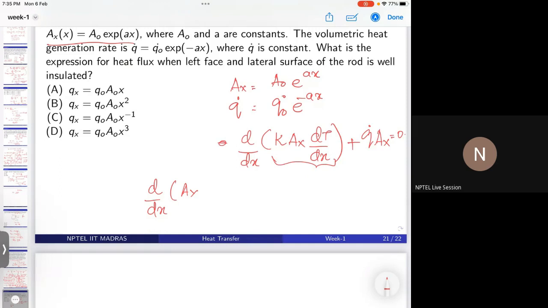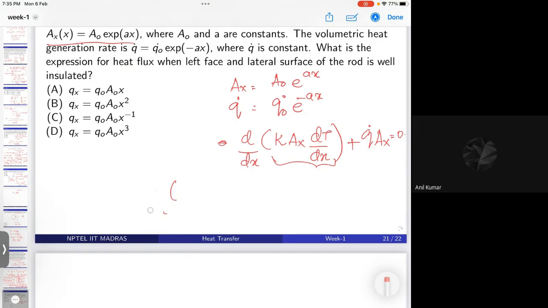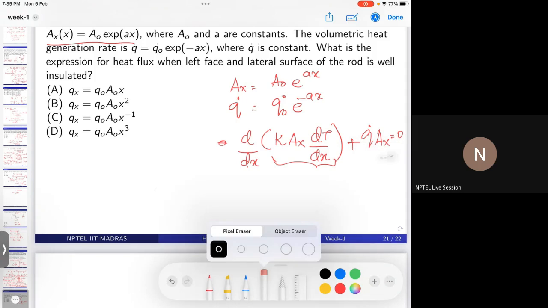What is the expression for heat flux? Can you elaborate this equation because we have not studied this equation? Yeah, yeah, I will elaborate at last.